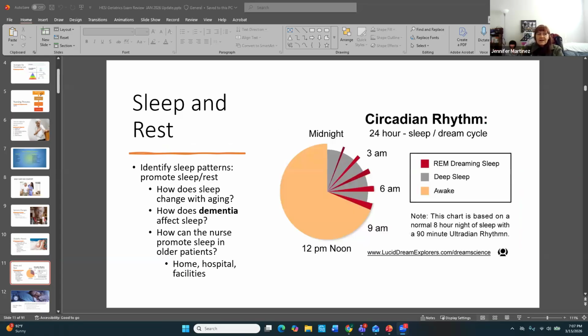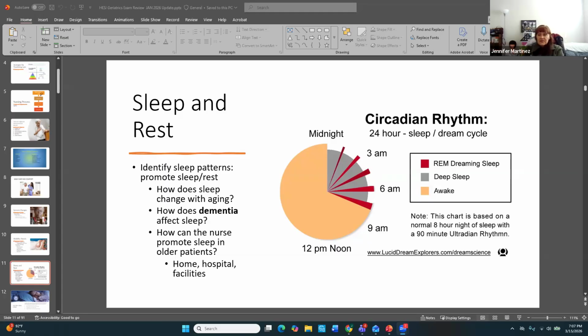Sleep and rest. So think of how sleep changes with aging. Generally speaking, the older adult still needs to have an adequate amount of sleep. They do tend to go to sleep a little bit earlier, wake up a little bit earlier as well. But that circadian rhythm, dementia can affect sleep.